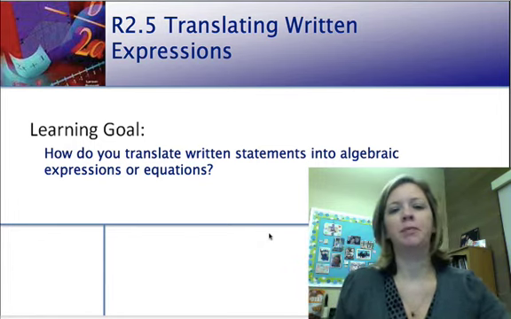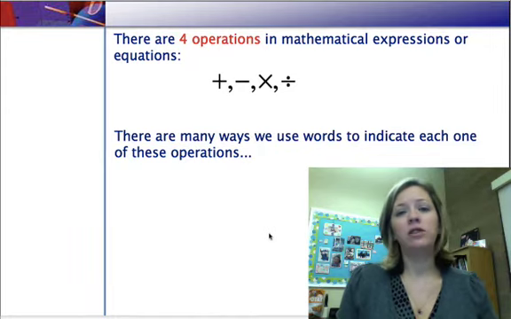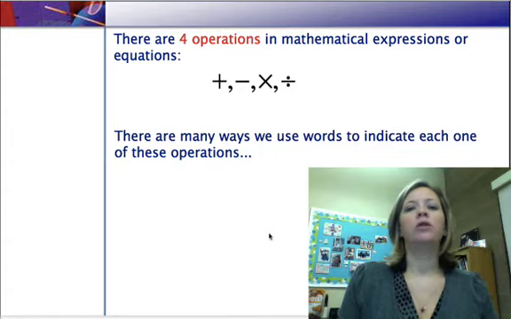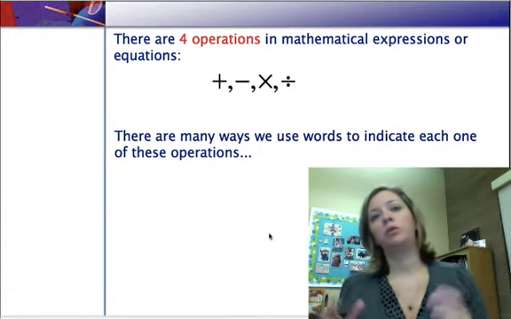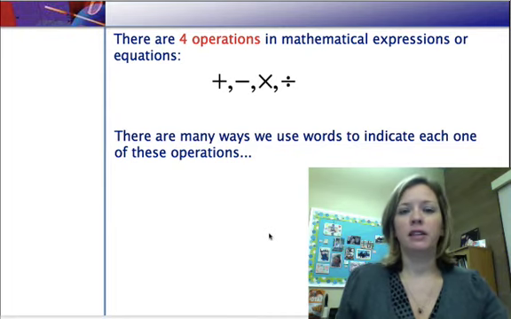Okay. So we've talked about this before. There's 4 operations in mathematical expressions or equations, and those are add, subtract, multiply, or divide, right? And so these are the 4 main operations that we're going to be dealing with. Of course, sometimes there's exponents, sometimes there's parentheses and other things we have to worry about. But these are the 4 main things that we're interested in identifying in a written expression.